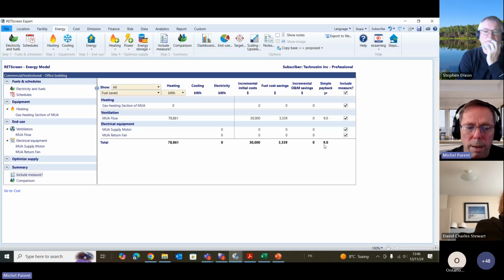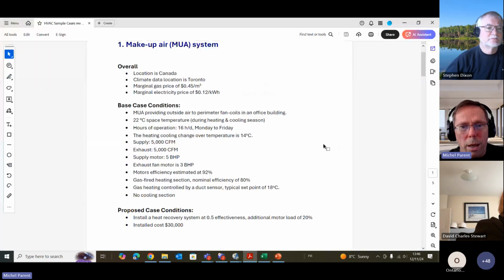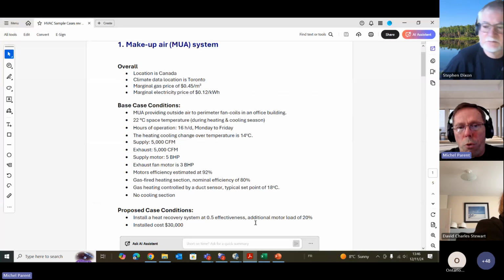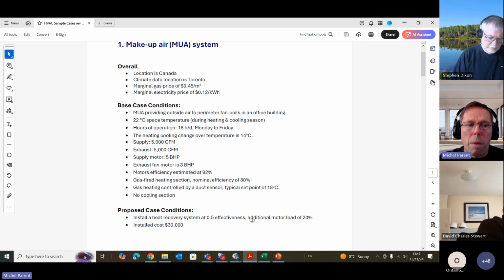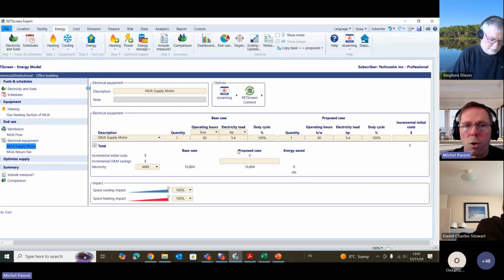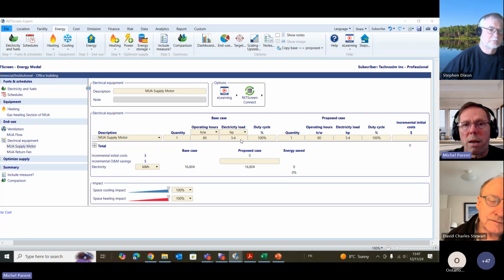But I'm not done. If you said, oh, you forgot something, you would be right. When you put heat recovery, unfortunately, it increases your static pressure drop through your system, both on the exhaust and the supply. And in this case, they tell us that it adds 20%. So I have to go back here on my supply fan motor, and I have to add 20% to that 5.4.